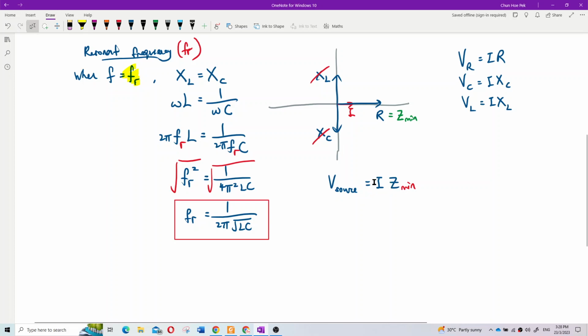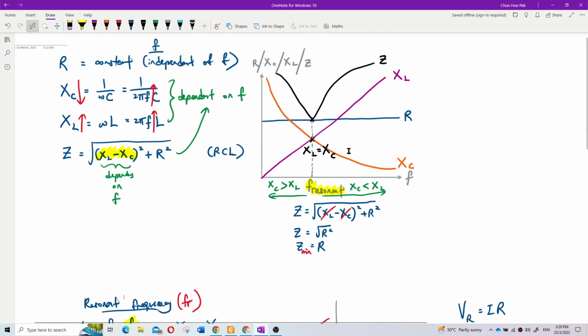So we can say the current is at the maximum at this point. Do you see that, class? This current has a maximum value. So when Z is at the minimum, current is at the maximum.